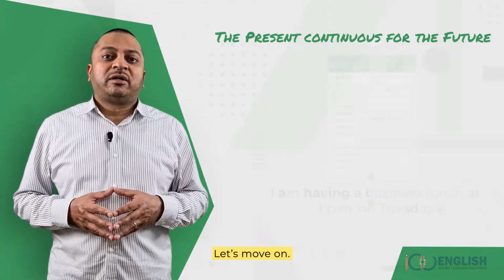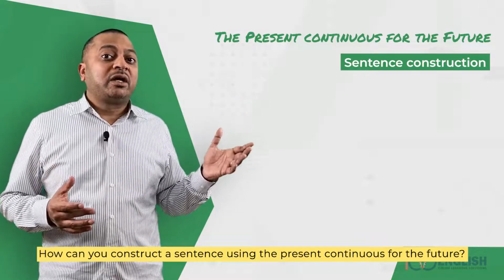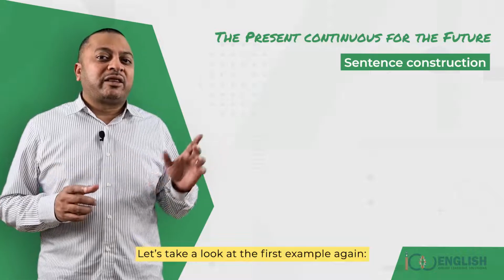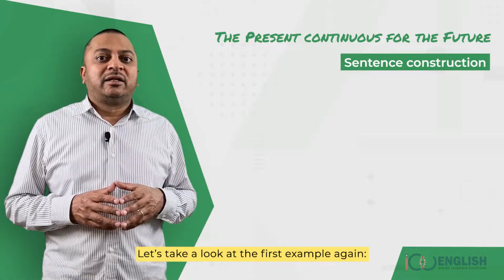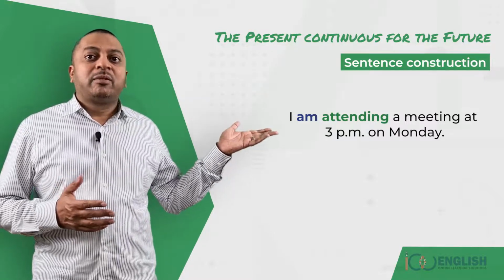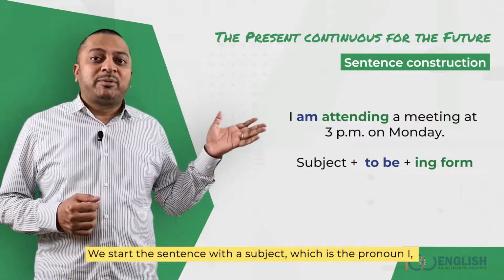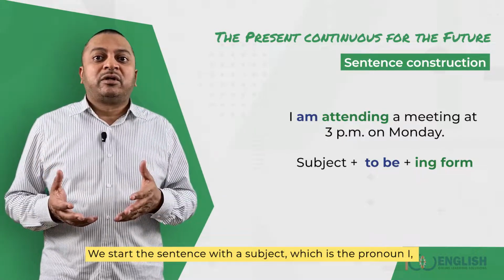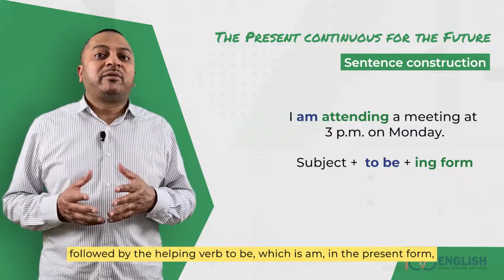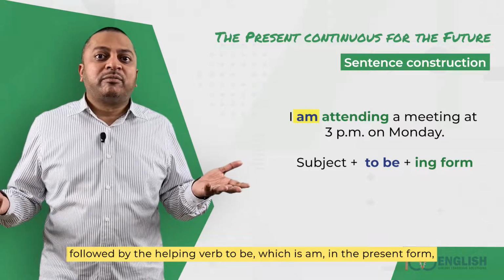Let's move on. How can you construct a sentence using the present continuous for the future? Let's take a look at the first example again. I am attending a meeting at 3 p.m. on Monday. We start the sentence with a subject, which is the pronoun I, followed by the helping verb to be, which is am in the present form.